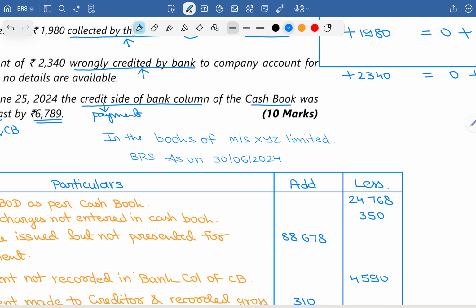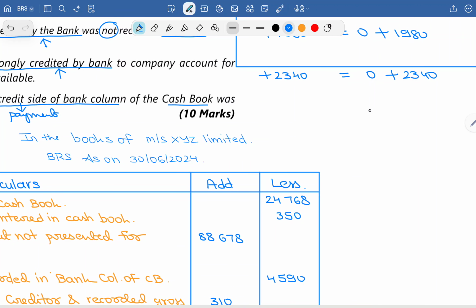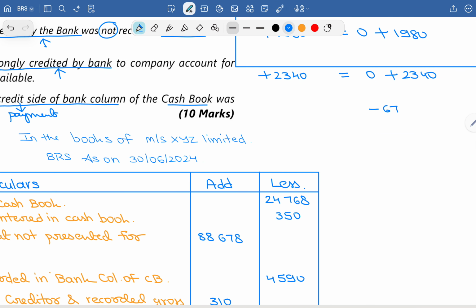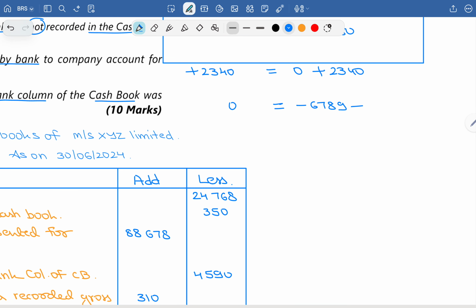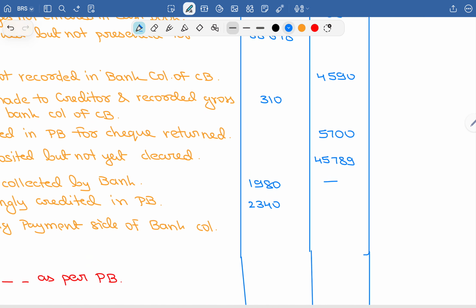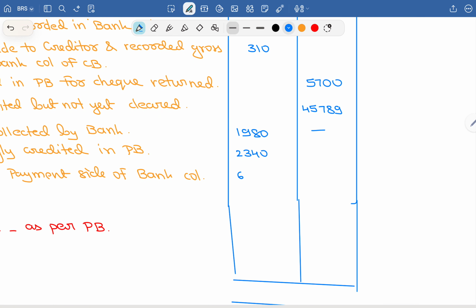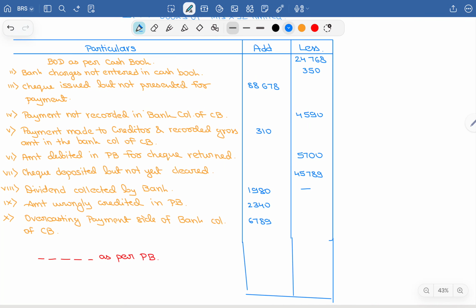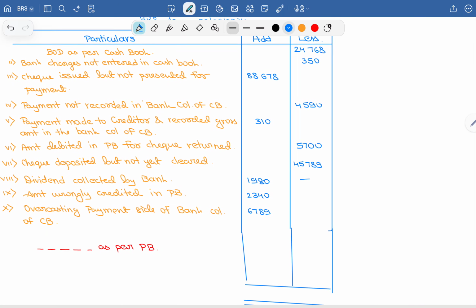So the cash book has decreased by 6789, but the passbook is 0. So to make them equal, I have to add 6789. So add column 6789. After doing all these 10 adjustments, we have to check which side is heavier.